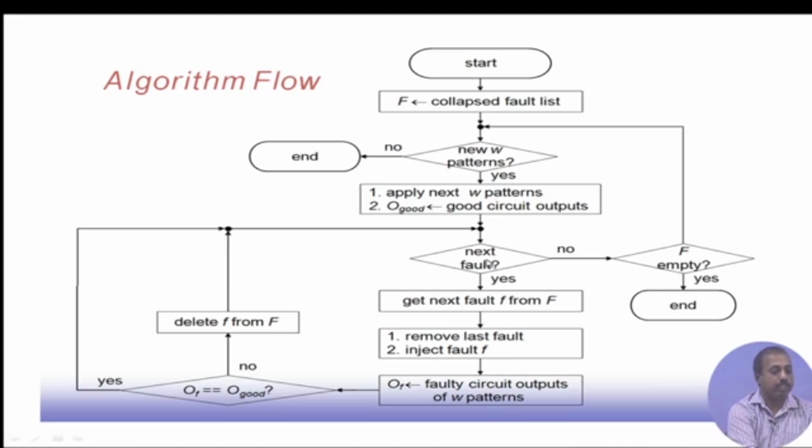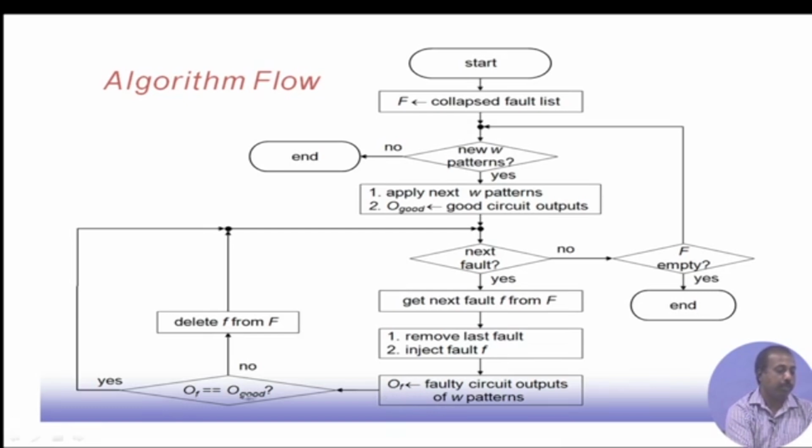If some fault remains, we get the next fault F from the collapsed fault list, remove the last fault and inject fault F. In this circuit, previously some fault may exist, or if it is a good circuit there is no fault, so we inject the new fault F into it. Then we simulate the circuit and see the faulty circuit responses for the W patterns. OF is the faulty circuit response for the W patterns.